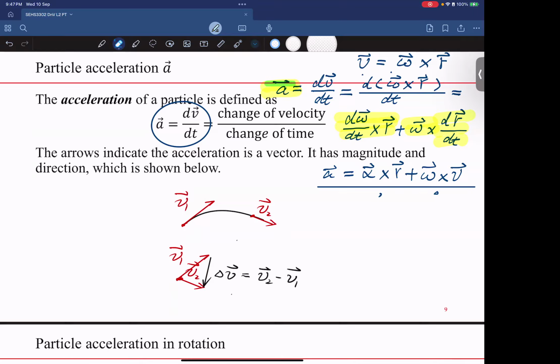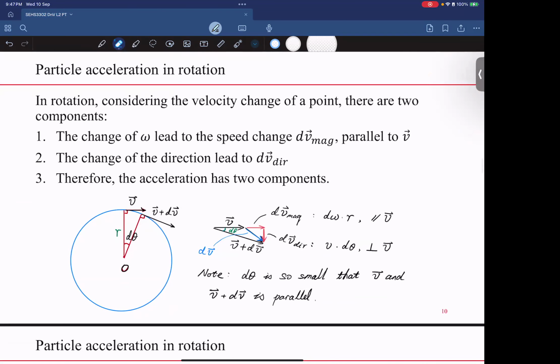Because velocity has both magnitude and direction, even changing just the direction changes the velocity, and this change can be measured by a vector.